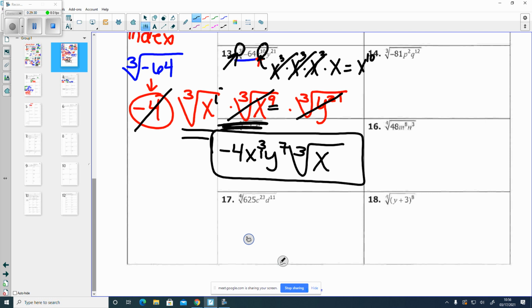That's what it's doing. That's why it works. So there were 3 of them and those were not. The 1 left got stuck inside still. So that's why it works. It's like you're making little clusters of them. Alright, let's do 17.